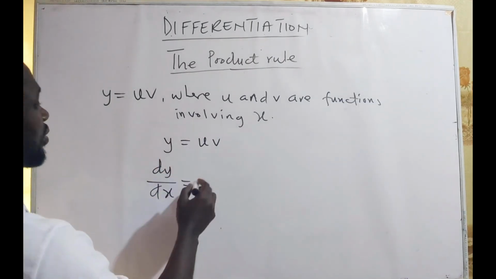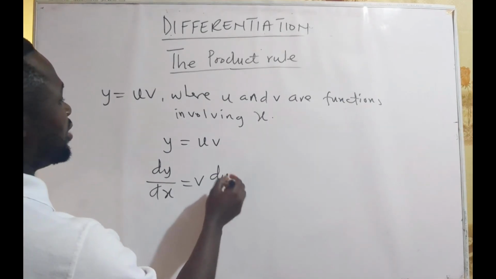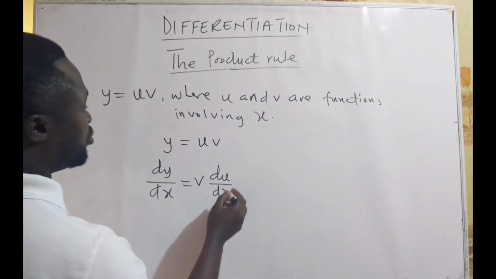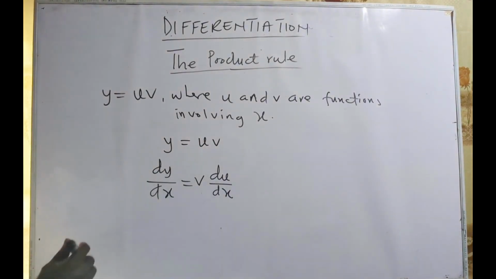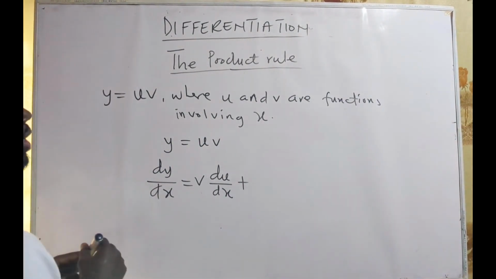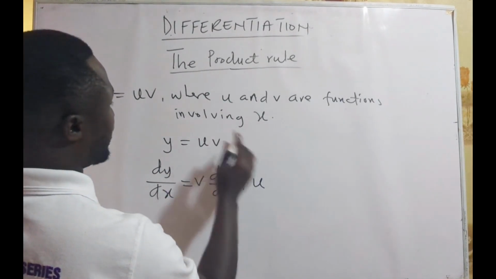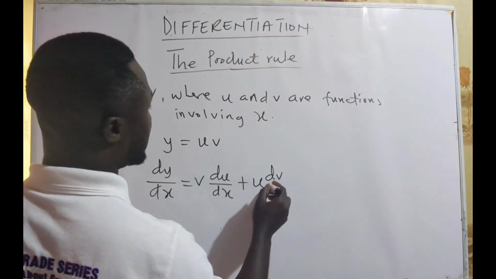I'll take the function v, maintain it and differentiate the function u, which involves x. Then plus, I'll maintain the function u and differentiate the function v, which also involves x.